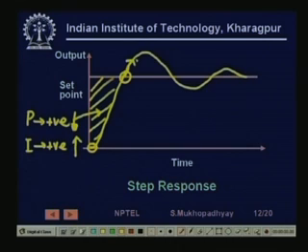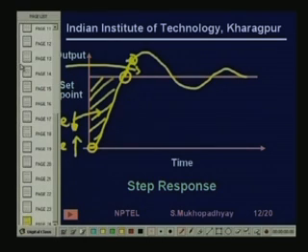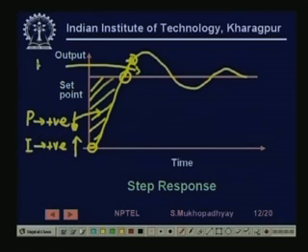Now when it is here, the proportional controller around this point is negative, but I is still positive because there is already a large positive integral accumulated here. So here this part of the integral is negative, but still there is a large positive integral.